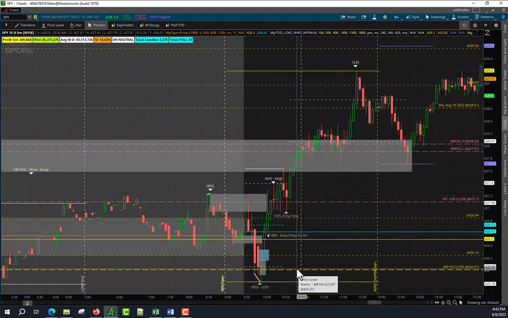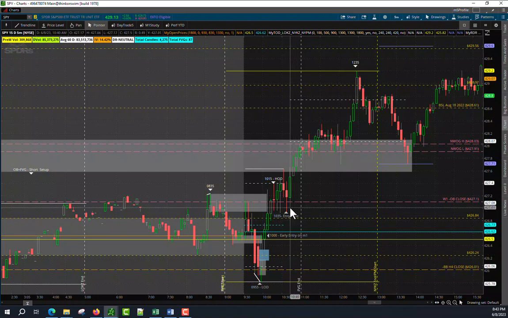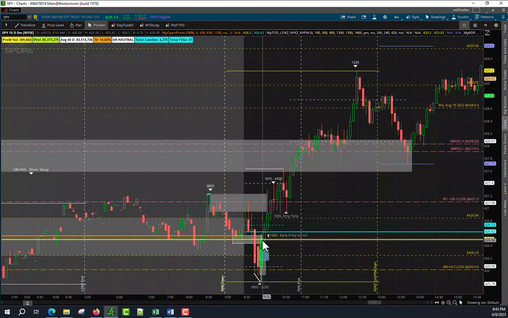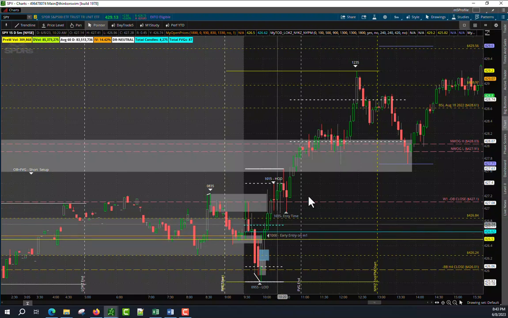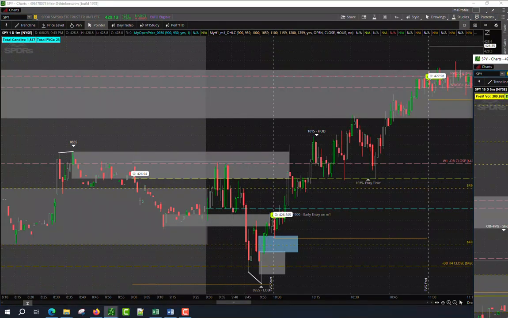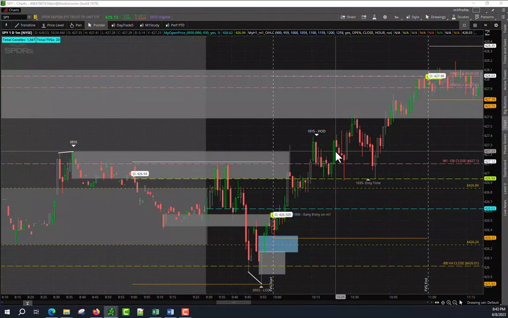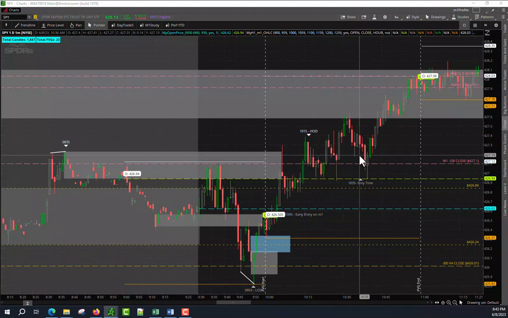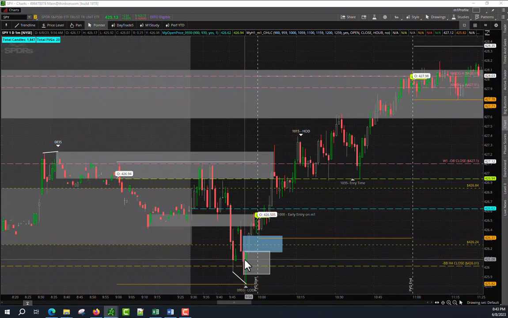So that is one of the key logic for why we should take a long entry right here. It should leave right there and create the fair value gap also around here. So go back to the 1 minute, you see right there, the order block.